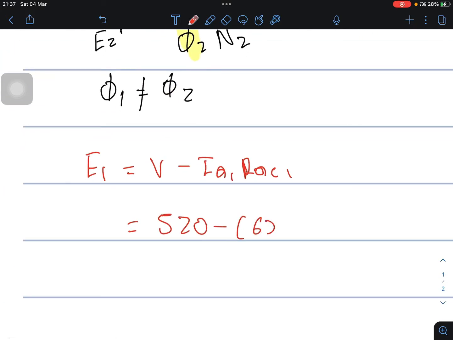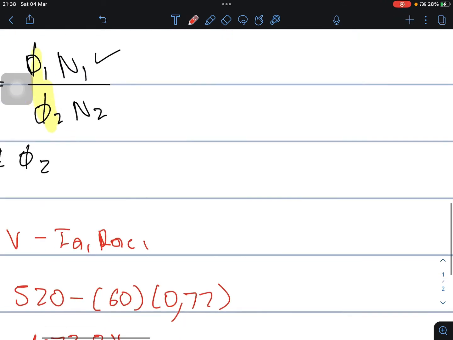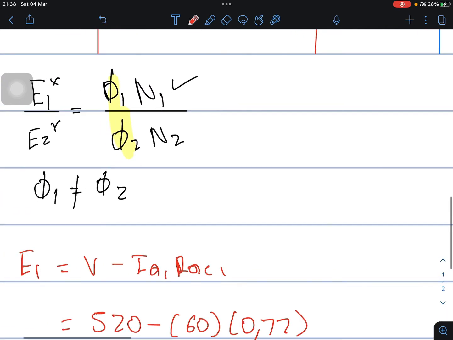RA is 0.77, and then we get E1. So let's punch that on our calculator: 520 minus 60 open bracket 0.77, that is 473.8 V. And we have found E1.